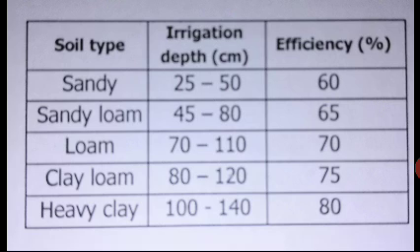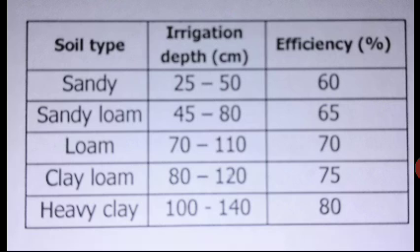Ninth point, it helps to control the temperature of the soil and also minimize the effect of frost. 10th, at the end of life cycle of the plant, water is still a constituent of the product. These are the functions of irrigation water.